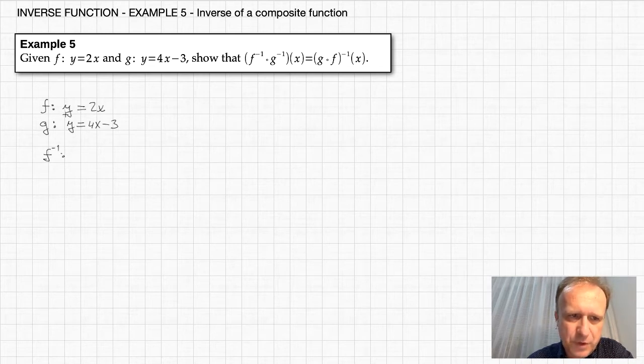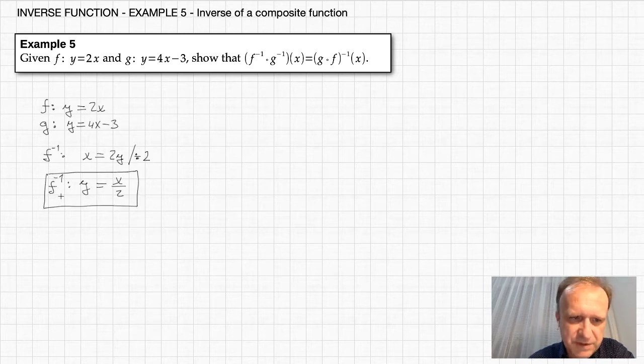So I take the formula y equals 2x and interchange the variables and obtain x equals 2y. And now I express y by dividing by 2. Dividing by 2, I get y equals x over 2. So the formula for the inverse of f is y equals x over 2. So I'll place it in a box. So this is the formula for the inverse of f.